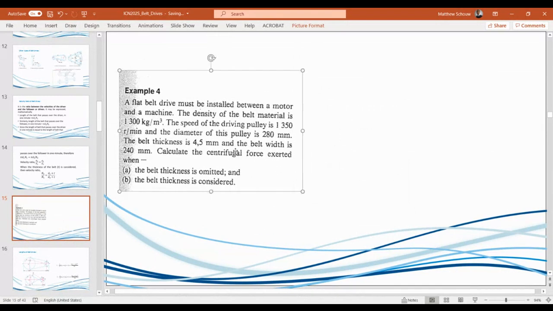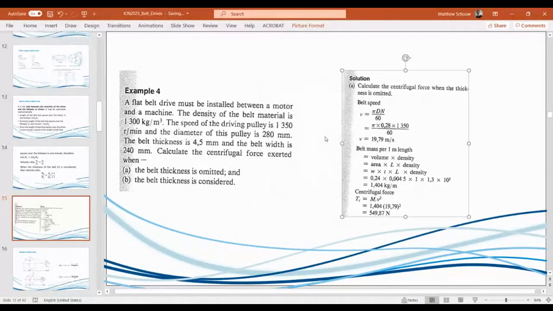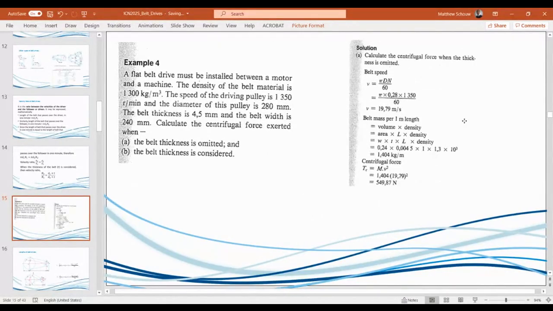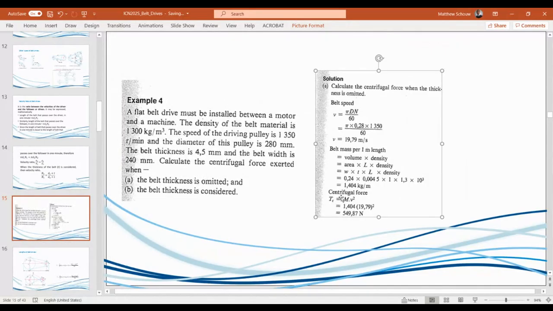What's important is that they're looking for the centrifugal force on this belt. To show you, when you omit thickness, you end up with 549.87. I'm just making you aware.